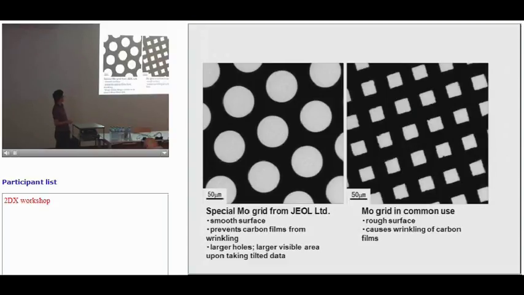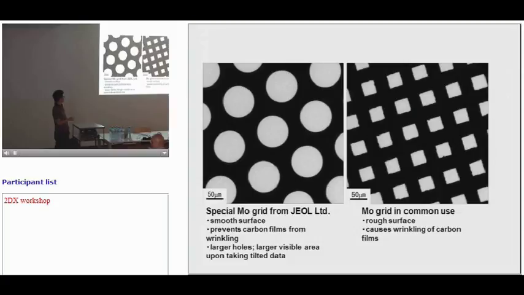In our laboratory, we are using special molybdenum grids available from JEOL, which are carefully manufactured to get a smooth surface, especially around the hole edges, which prevents carbon films from wrinkling.